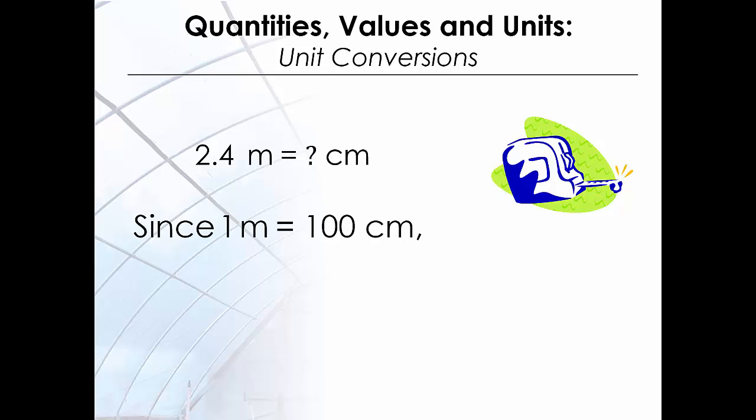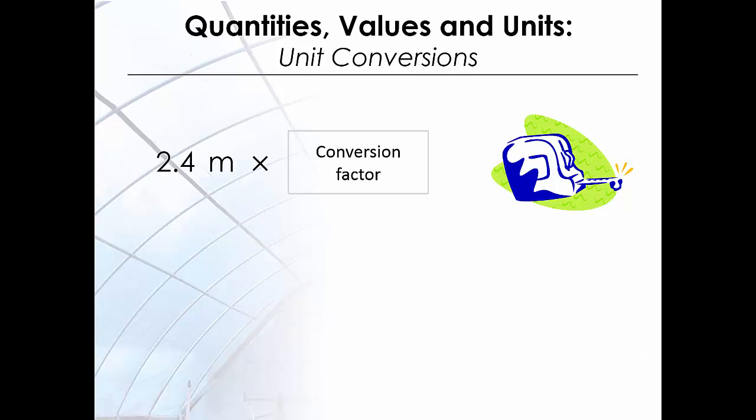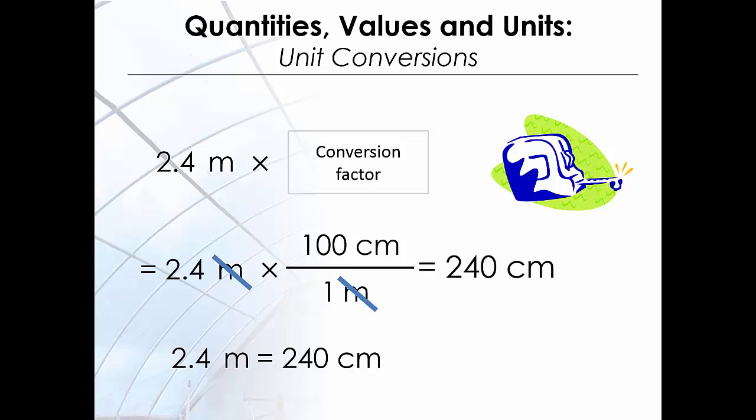Since 1 meter equals 100 centimeters, 100 is the conversion factor between these two units. So 2.4 meters times the conversion factor, 100 centimeters to 1 meter, the meter unit cancels out, resulting in 240 centimeters. Therefore 2.4 meters equals 240 centimeters.